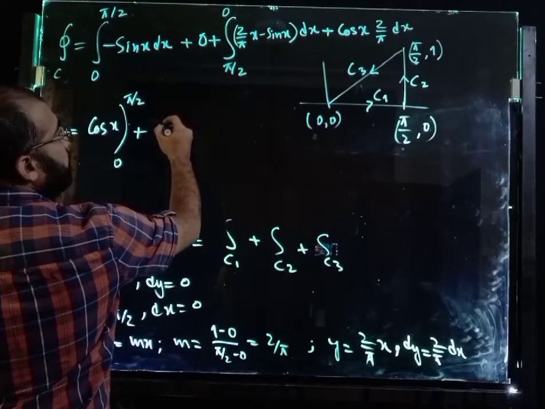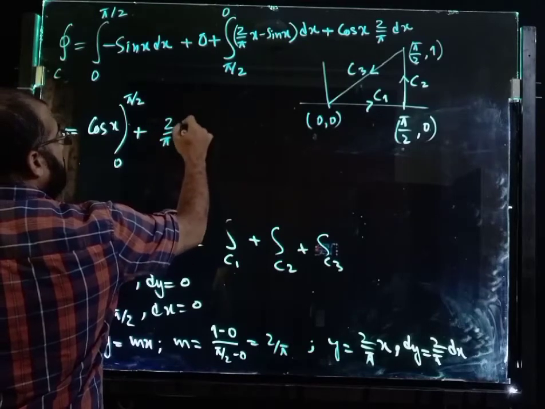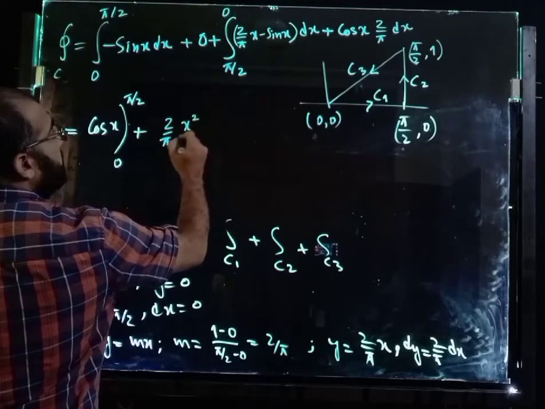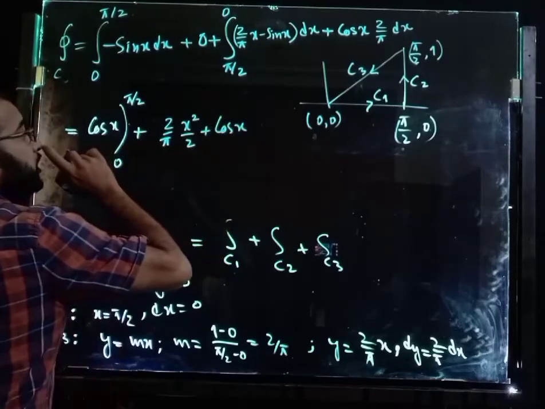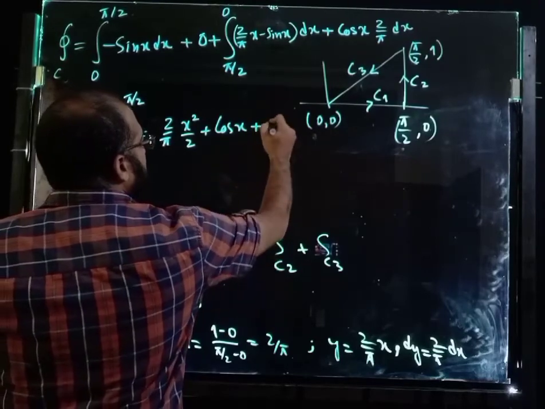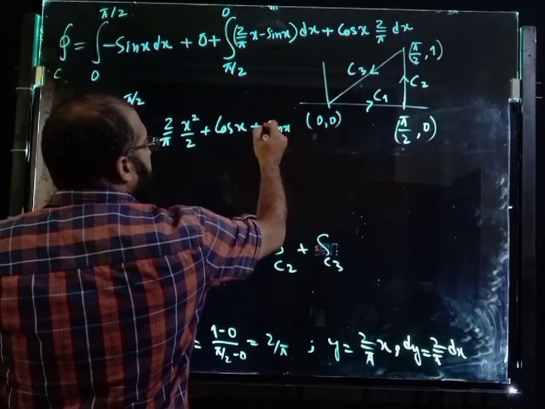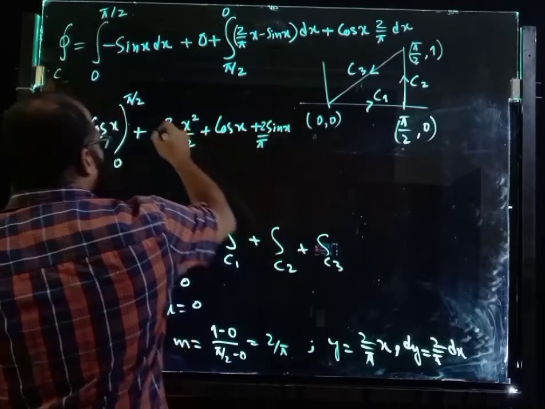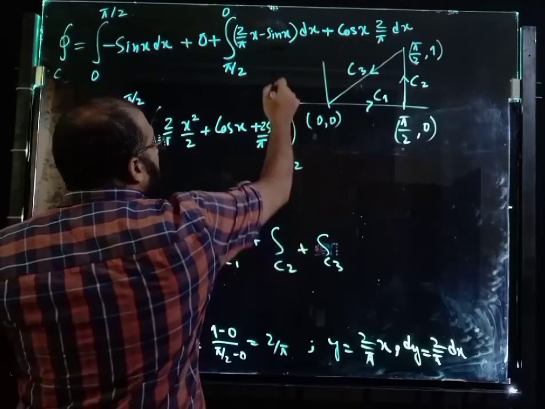So we have 2 over pi times x squared by 2, plus cos x, plus sin x times 2 over pi, with limits from pi by 2 to 0.